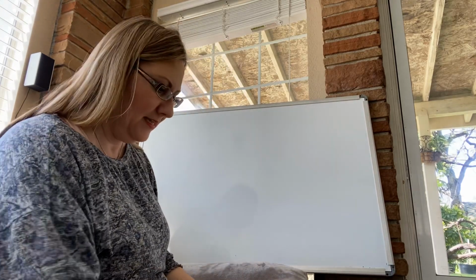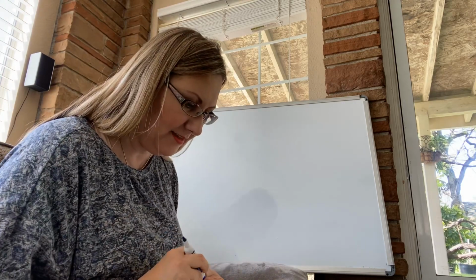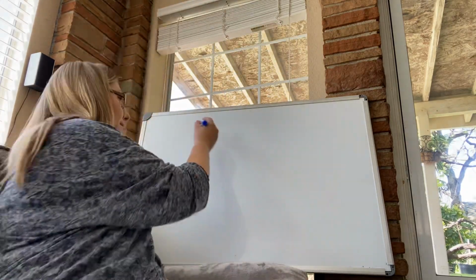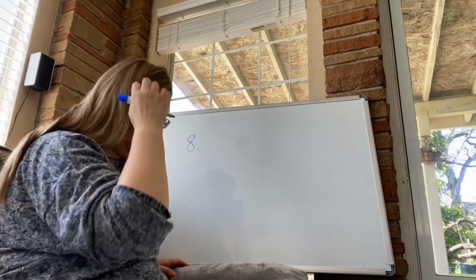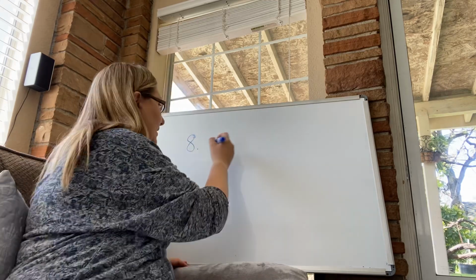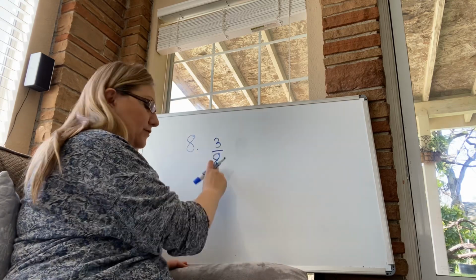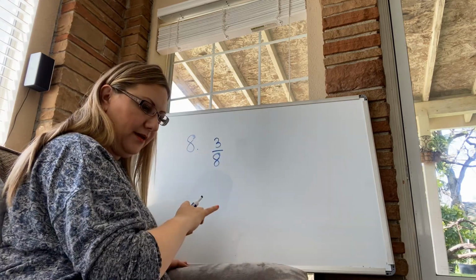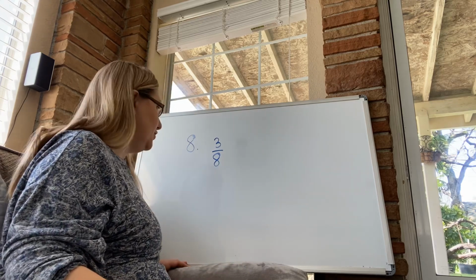Number 8 lists 3 other fractions and tells us this time to order them from greatest to least. So we'll write the fractions. You don't need to necessarily write them, except that you will want these fractions to be near or under or over the fractions that you draw.